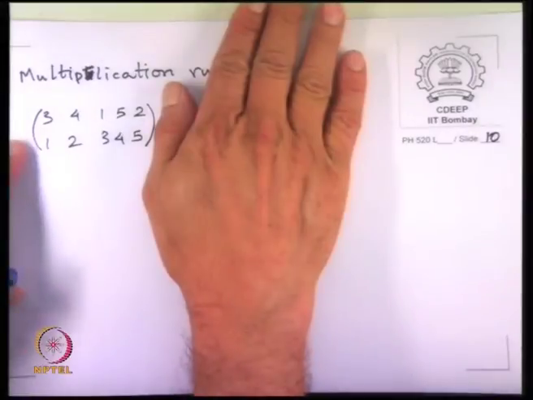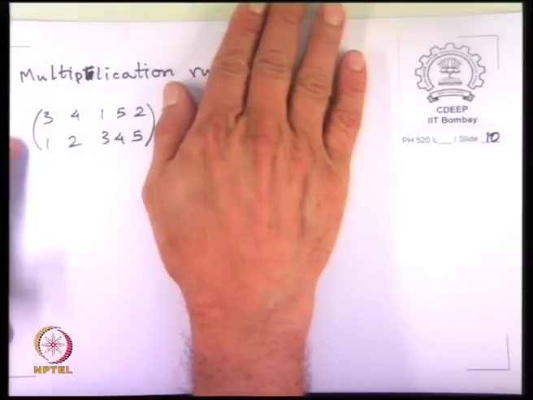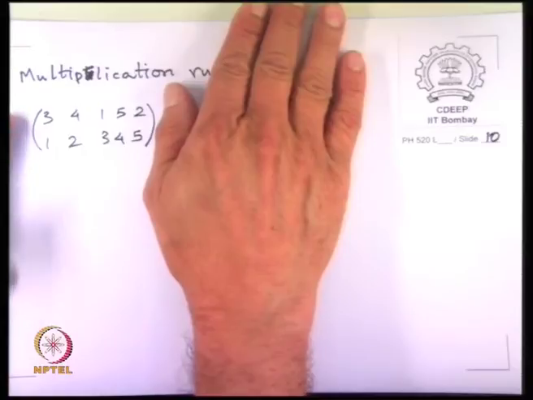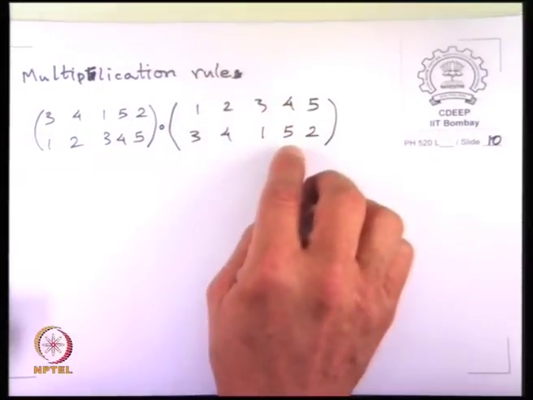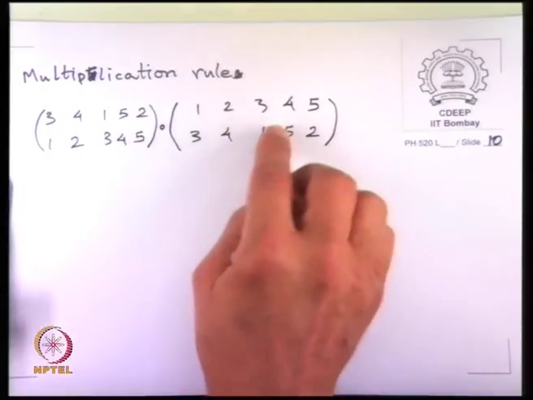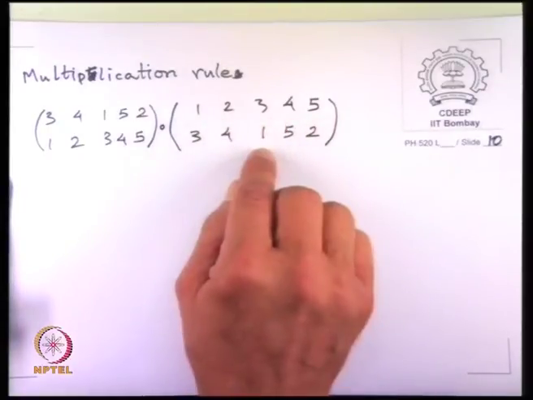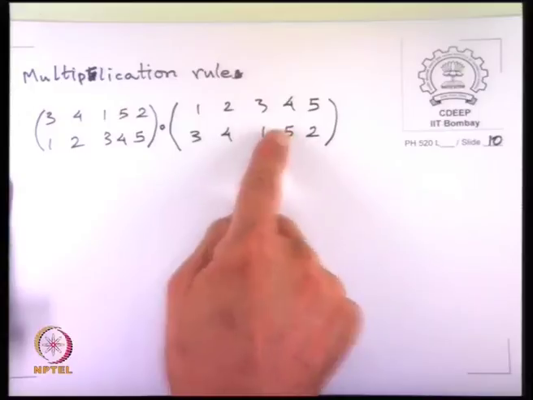Then this is clearly also a particular permutation of 5 objects. It just says 3 goes to 1, 4 goes to 2, etc. But now I can use this as a way to multiply, in which I simply cancel this and this.